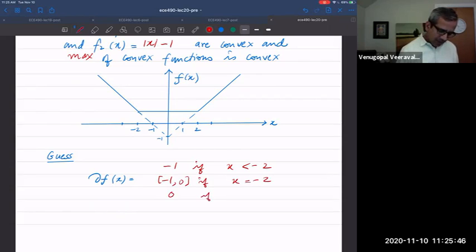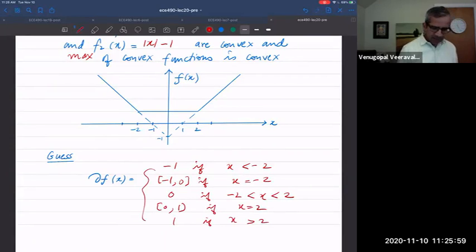It's 0 if -2 is less than x less than 2. It's the set from 0 to 1 if x equals 2, and 1 if x is bigger than 2. Right? Is that good?